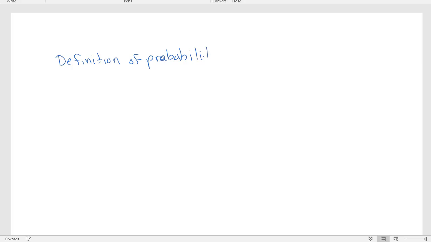If we're looking at the definition of a probability, we typically look at what we would call an event E. In other words, we would look at the number of outcomes favorable to E over the total possible outcomes.